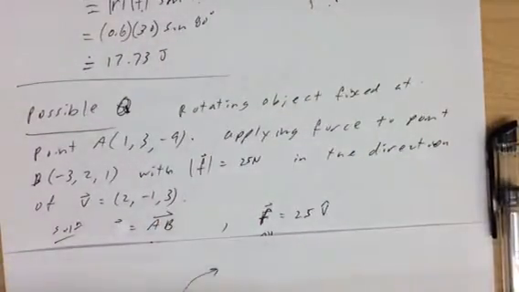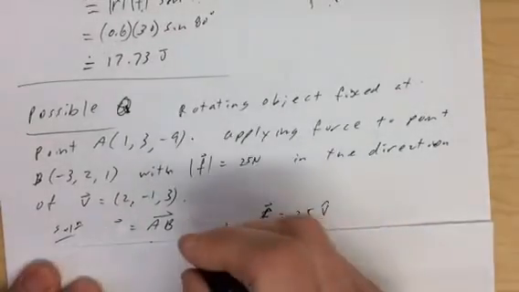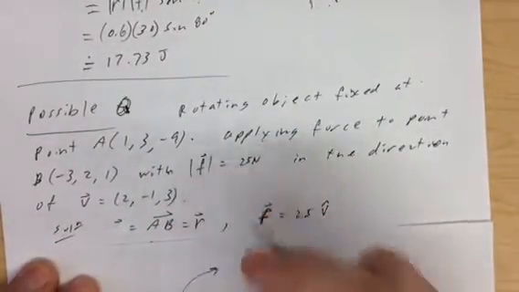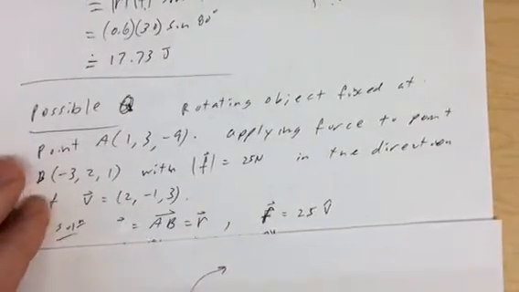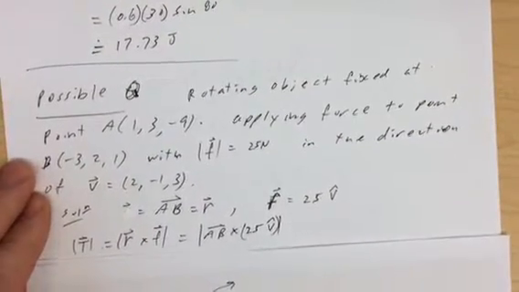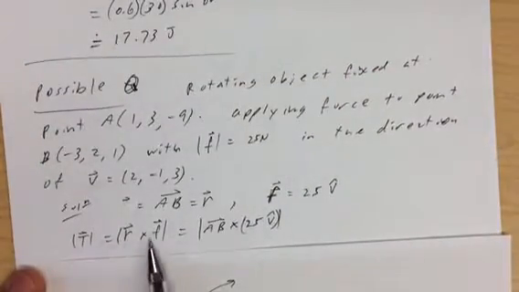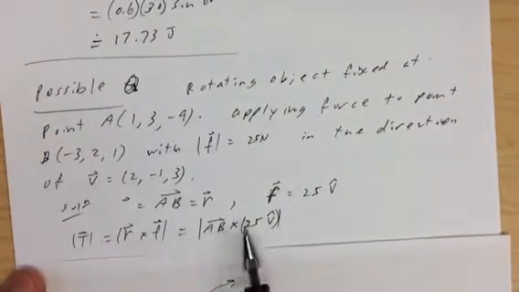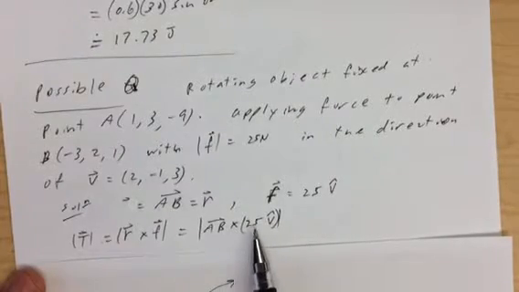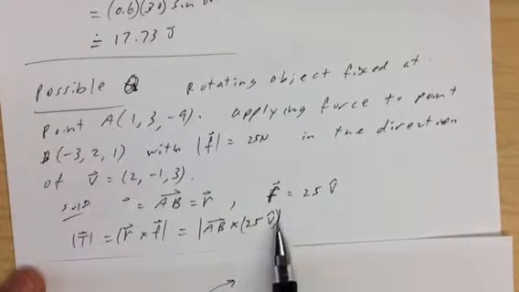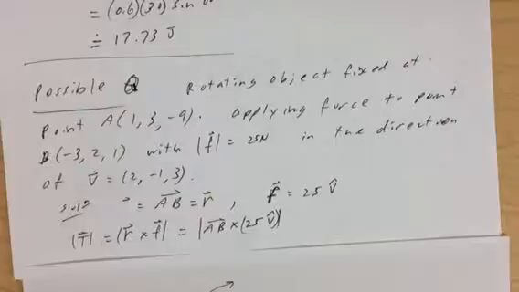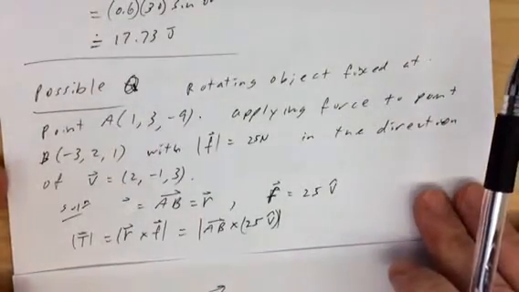So AB is the radial vector. Then the magnitude of the torque will be the magnitude of r cross F, which is going to be AB cross 25 V hat. You can work out those, and you should be able to get the torque for that problem.